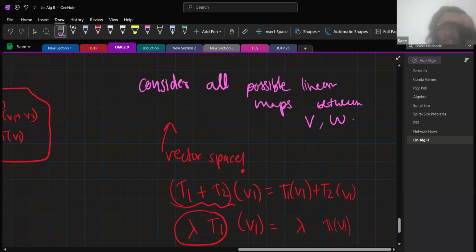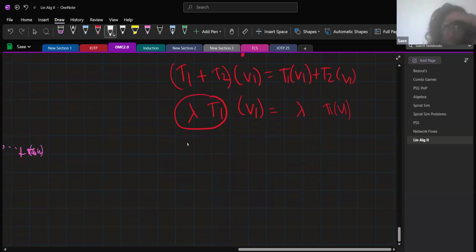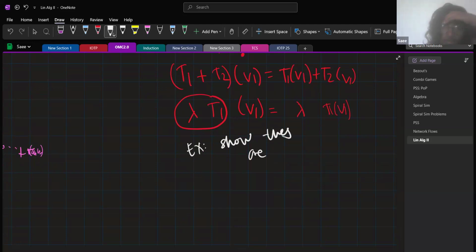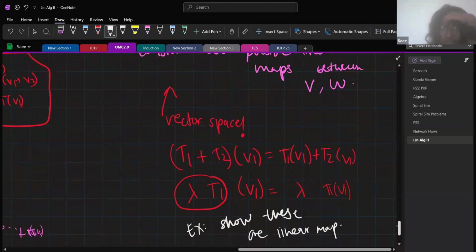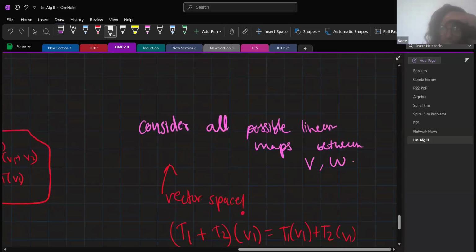There are some more details to figure out here; maybe I'll leave it as a quick exercise: show that T1 plus T2 is a linear map, and that lambda T1 is a linear map. If you define it this way, then this is finished. It tells you that this is a vector space.